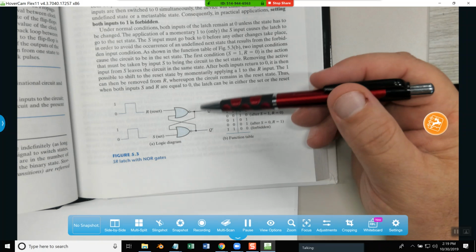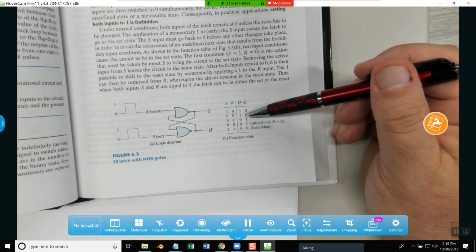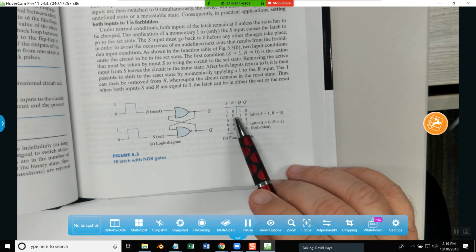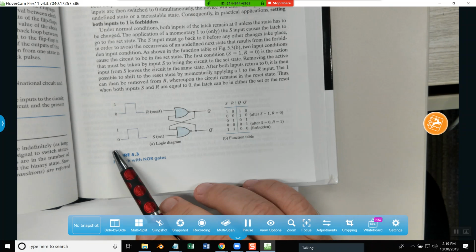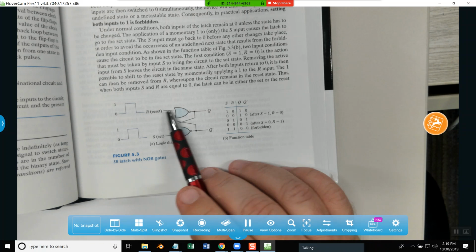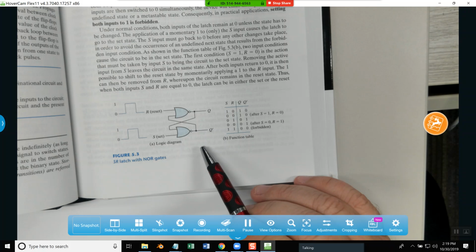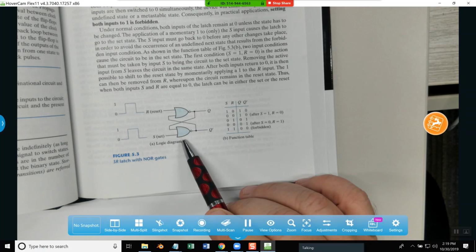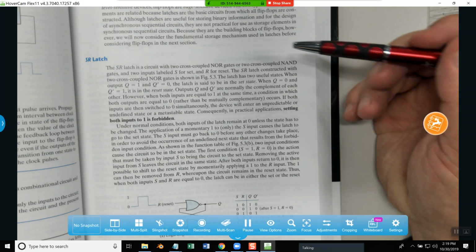Okay, so 0, 0 both coming in there. 1 and 1 coming in there. Let's see what it says about that. I was trying to see the difference between 0, 0 and 1, 1.